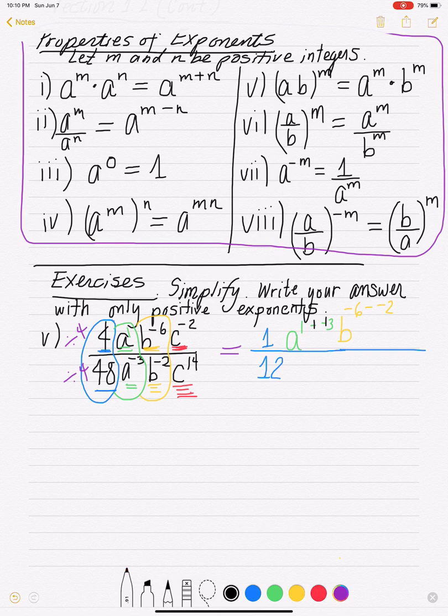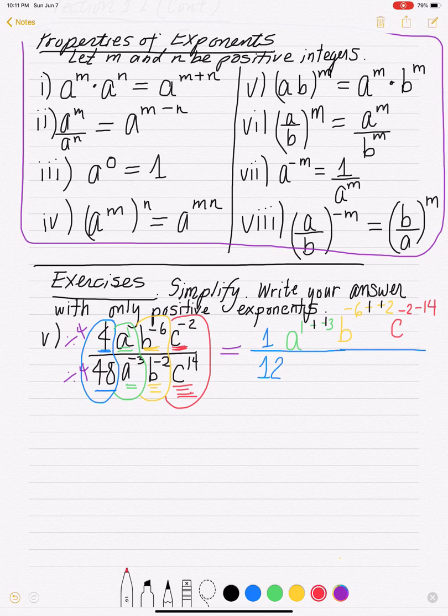Now when you have a double negative like that, it becomes a plus. So it's actually negative 6 plus 2. And finally, we're going to deal with the c components. So we're going to write down c raised to the negative 2 minus, so you're going to take the top exponent, negative 2, minus the bottom exponent, which is 14. So it's negative 2 minus positive 14. So negative 2 minus 14.